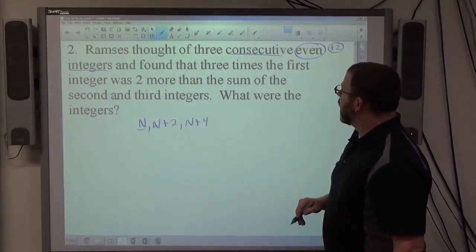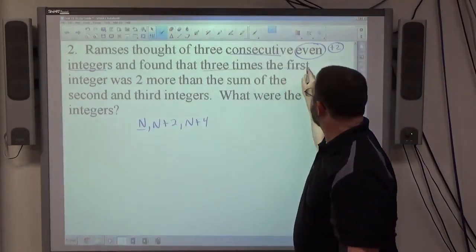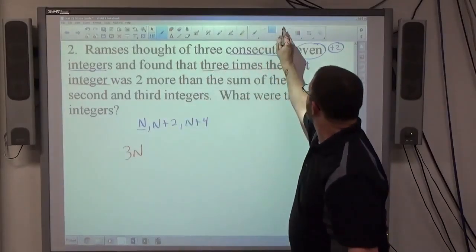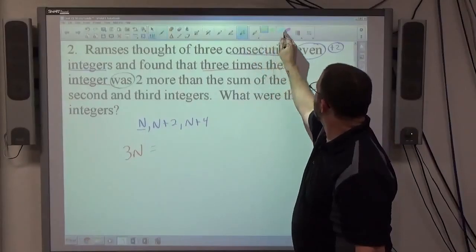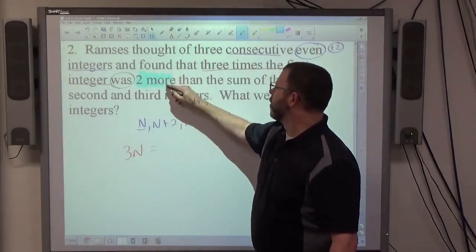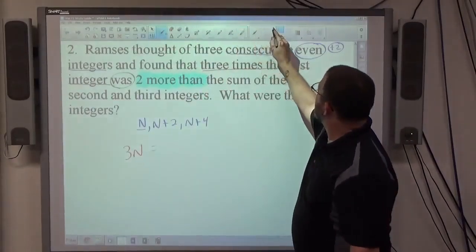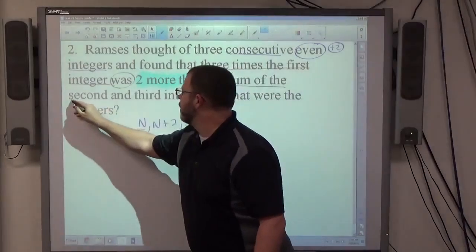He found that 3 times the first integer, so 3 times n, was 2 more than. We ignore more than, less than statements till the end. And then it says the sum of the second and third integers.